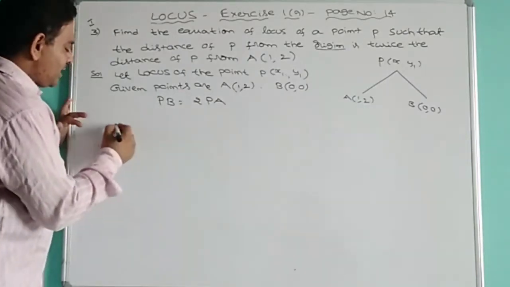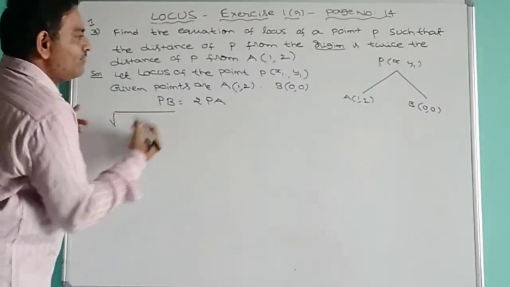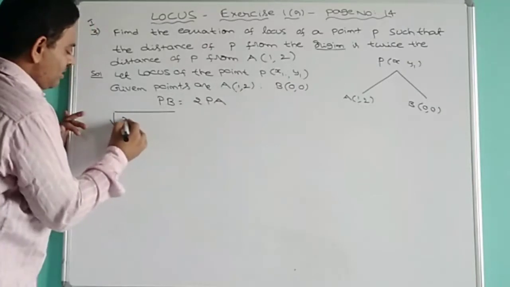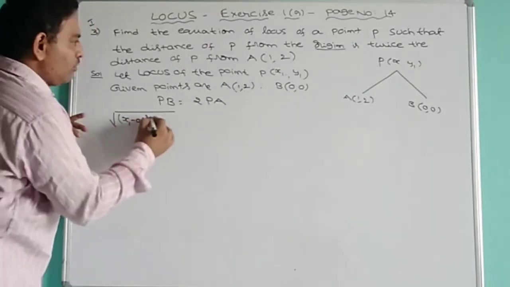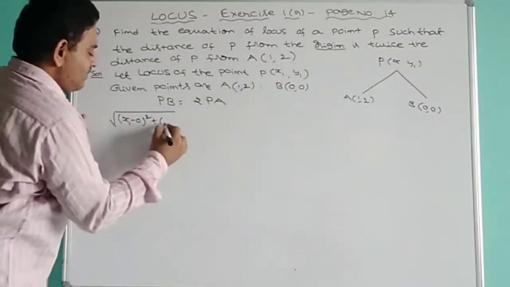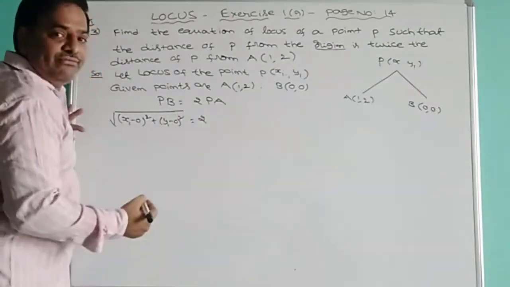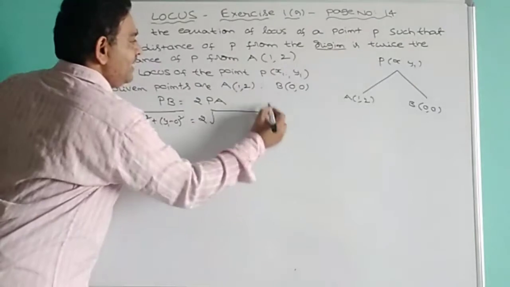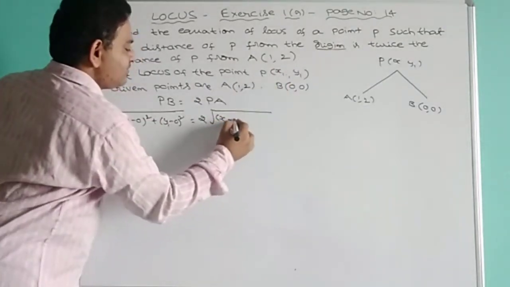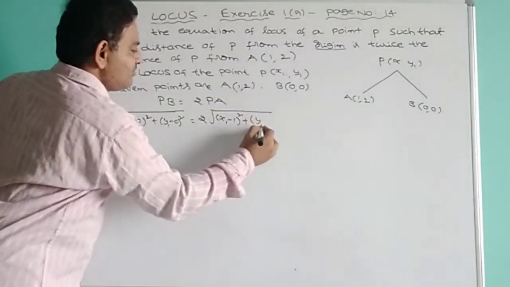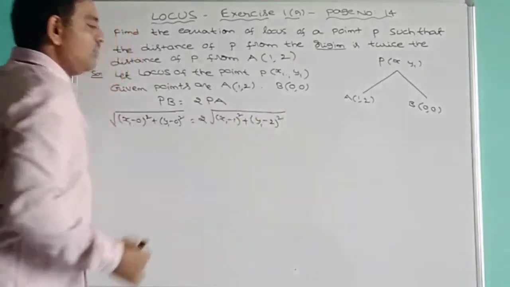Then how do we write it? What is the distance formula? Root of (x1 minus 0) whole square plus (y1 minus 0) whole square equals 2 times root of (x1 minus 1) whole square plus (y1 minus 2) whole square.